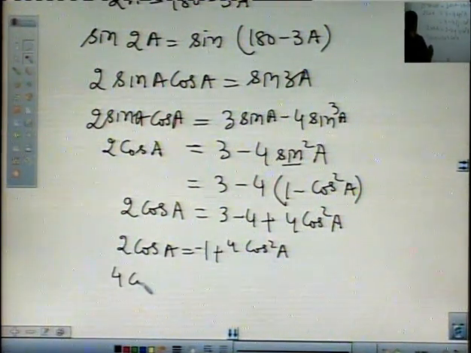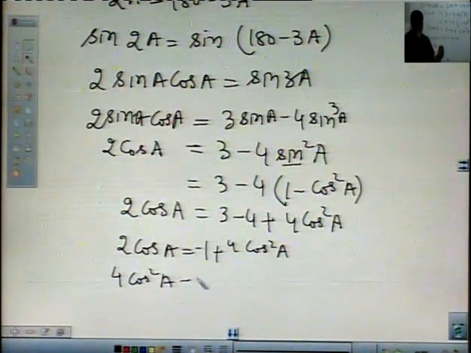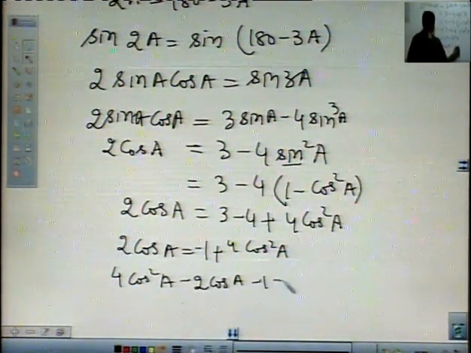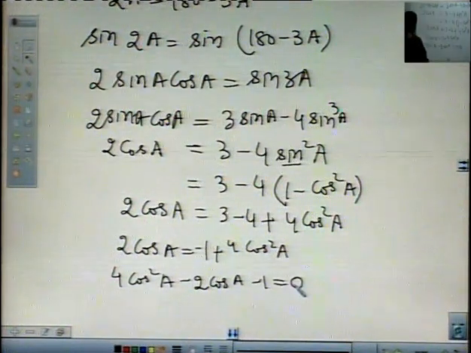Now 4 cos square A minus 2 cos A minus 1 is equal to 0.